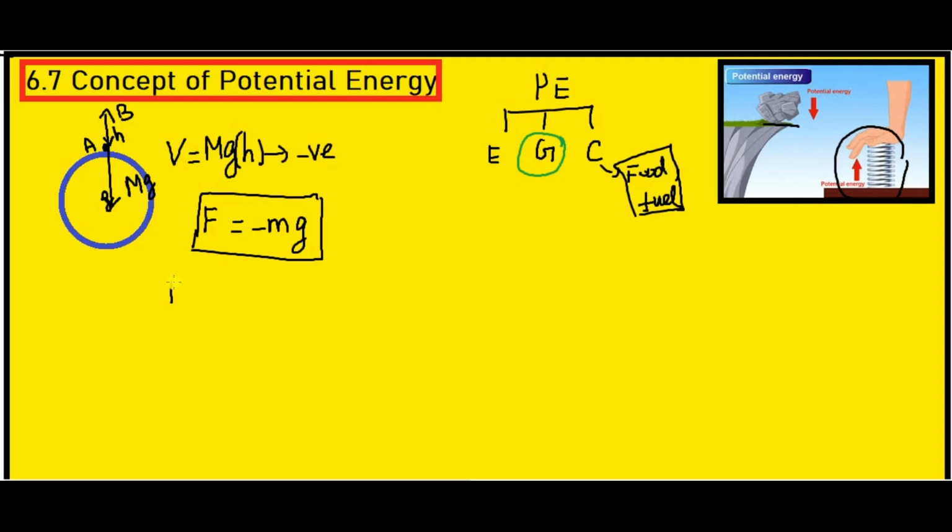That means F is equal to minus the change in potential energy with the change in height, so that minus dV/dh must be equal to mg. The negative sign here denotes that as the object is moving upward, the gravitational force is pulling it downward.